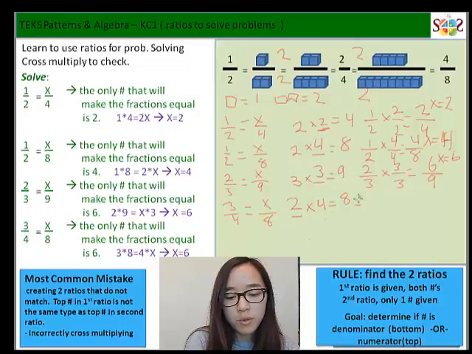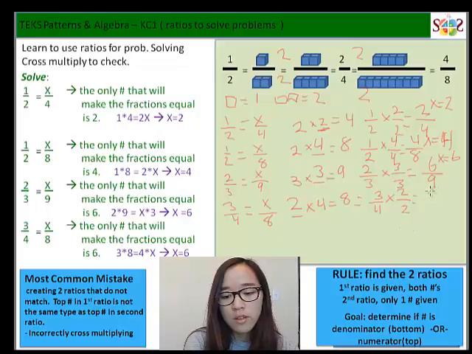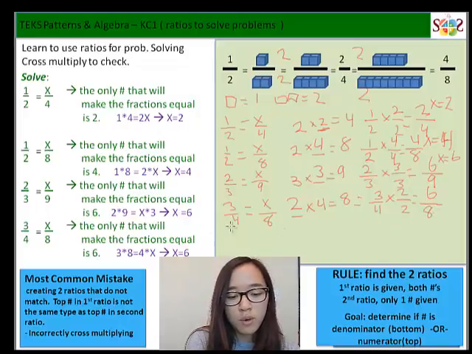Now we need to multiply 3/4 by the factor of 2, which is 2 over 2. Starting with our numerator again, we have 3 times 2 equals 6, over 4 times 2, which equals 8. So we have 6/8, and that is equivalent to 3/4, so x equals 6.